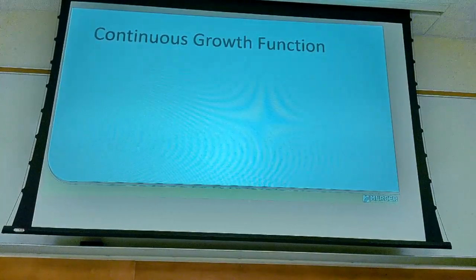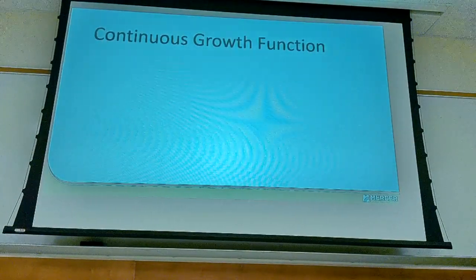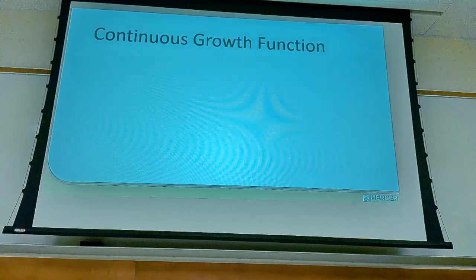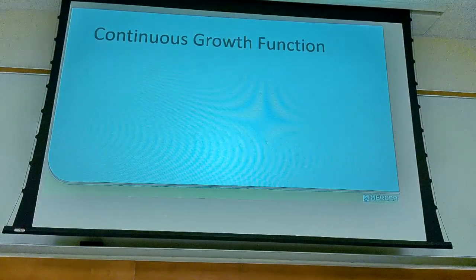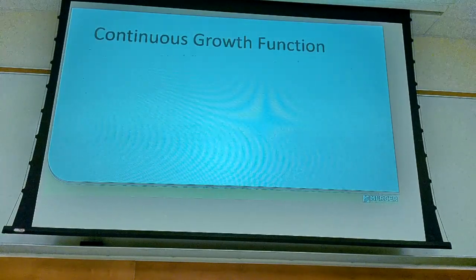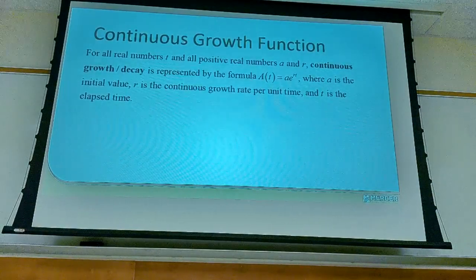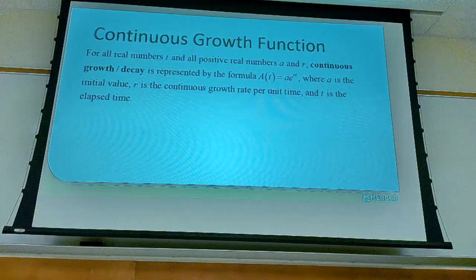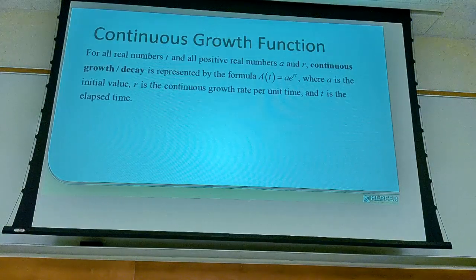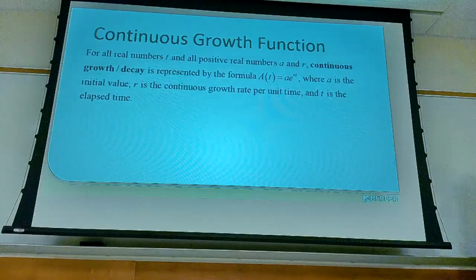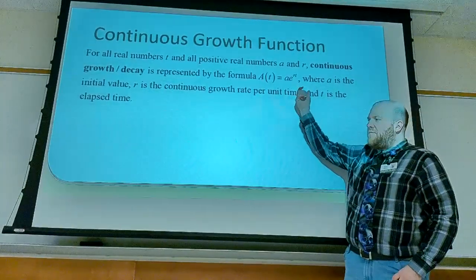With this number, we now have what's called the continuous growth function, which is just exponential growth except your base is E. In this case, it does look just slightly different.